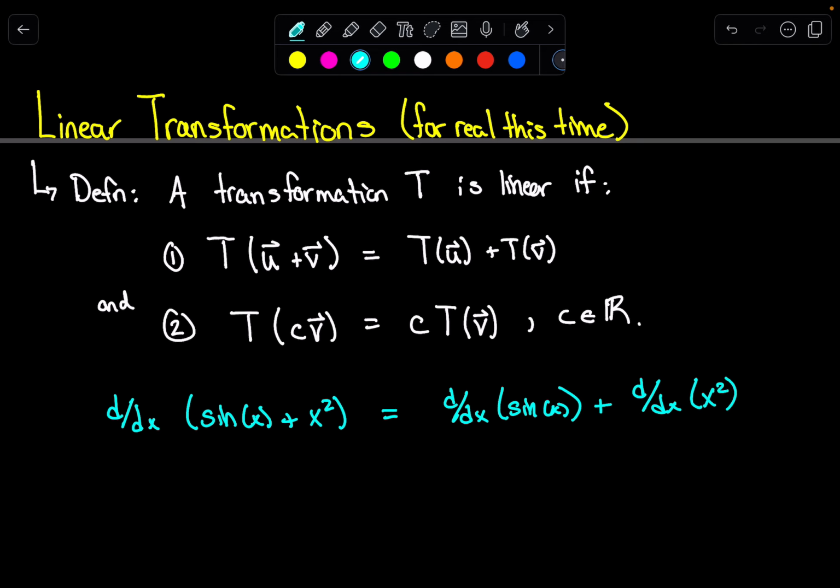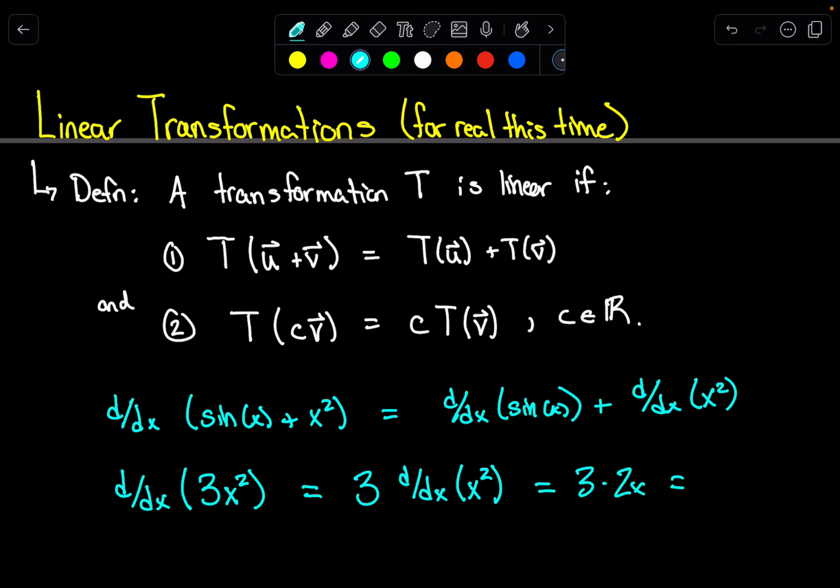And simultaneously, if we have the derivative of, say, 3 times x squared, this is the same thing as if we pull that constant 3 out and take the derivative of x squared, and then this would be 3 times 2x, which is 6x, which of course is the derivative we would get if we had just taken it right at the very beginning. So the derivative is what we call a linear operator. The integral works in the same way as the derivative. It is also a linear operator.